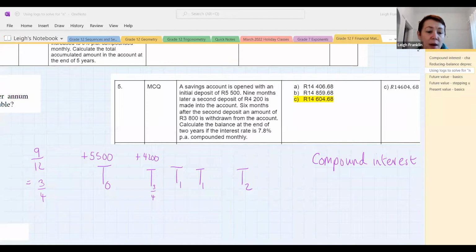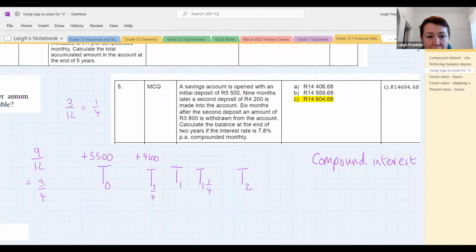Now if you add 3 months to 9, you'd get to T1, wouldn't you? That would be the end of the year. So it's 3 months into the next year, 3 out of 12 months. In the third month, that would be 1/4 of the way into the year. So this is at T, 1 1/4.